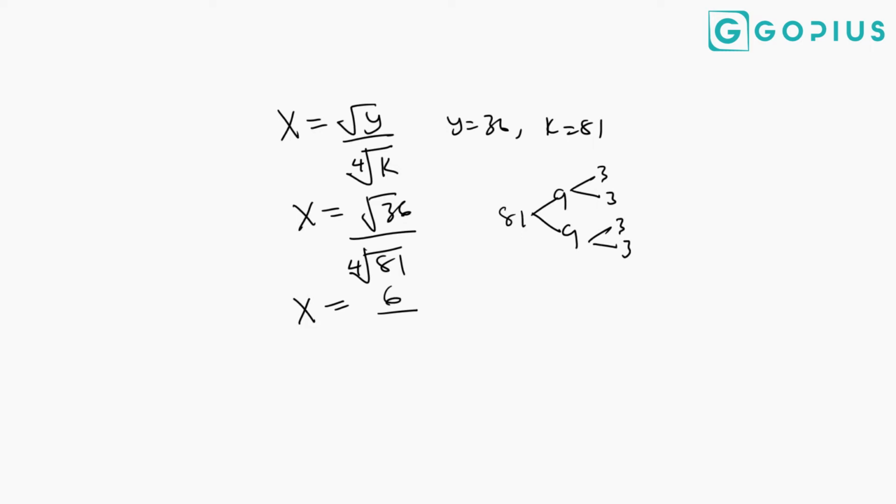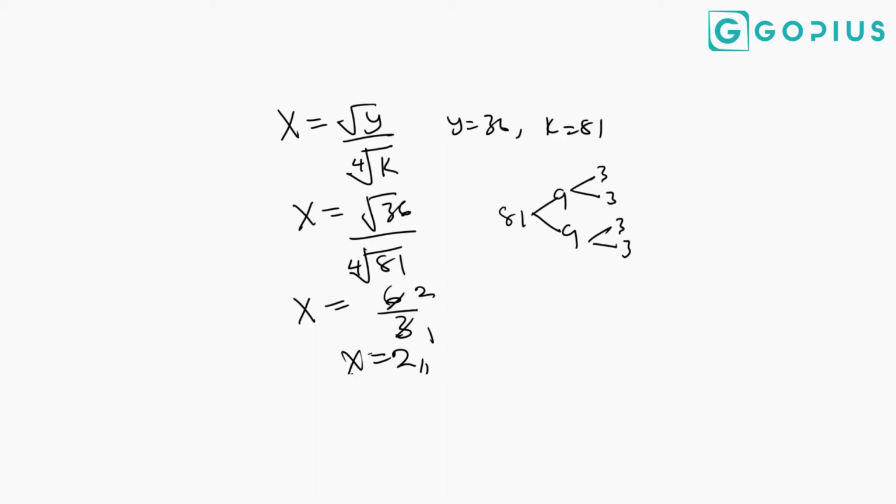This one is also 3 times 3. That means 81 contains 3 in 4 places. So fourth root of 81 will give us 3 because 3 multiplied 4 times will give us 81. Alright, so fourth root of 81 under there is 3. So 3 into 6 is 2. 2 over 1, of course, our x is equal to 2. That becomes the solution to that particular problem.